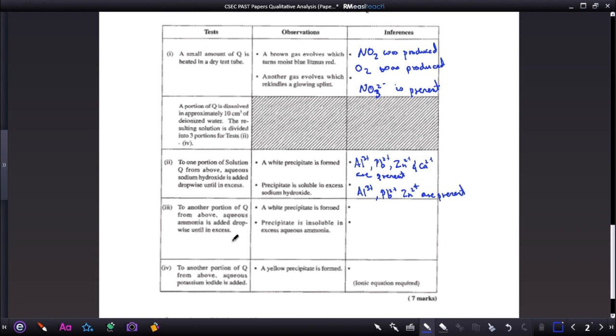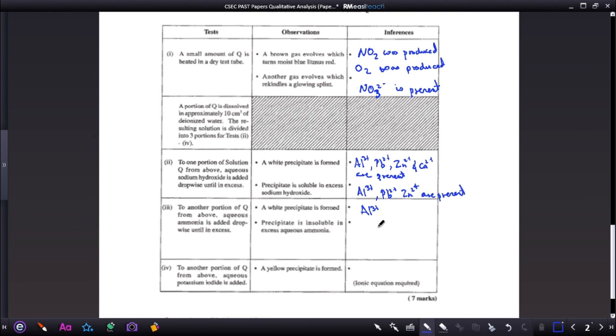Part 3. To another portion of Q from above, aqueous ammonia is added dropwise until in excess. When the ammonia is added dropwise, a white precipitate is formed. Calcium is soluble in dropwise ammonia, so it means that only aluminum, and these are all the white PPT, calcium, lead, zinc, aluminum, those form the white PPT.